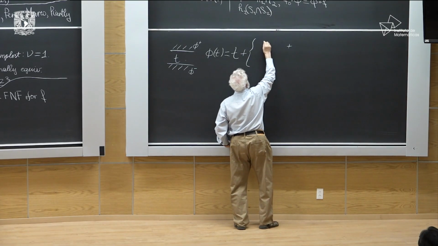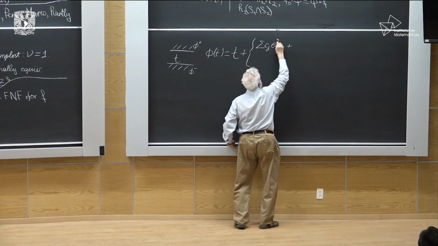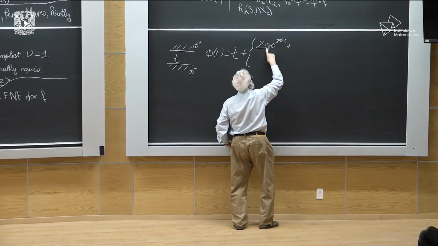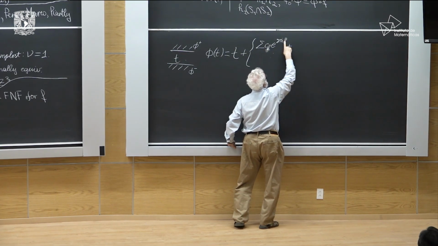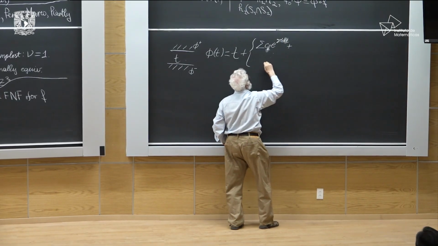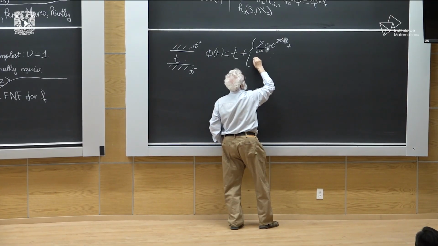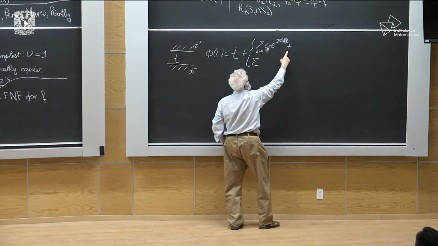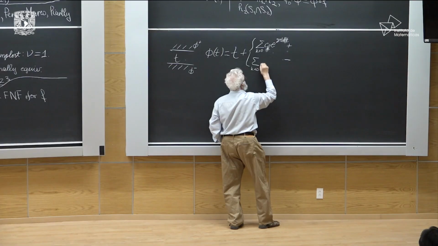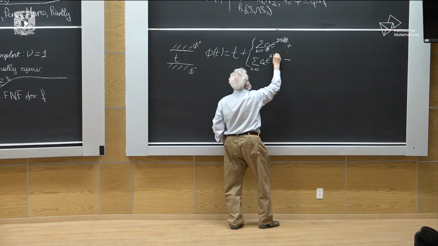For phi plus, we have here the Fourier series in t for k greater than 0, and for phi minus, we have the same form of the Fourier series.